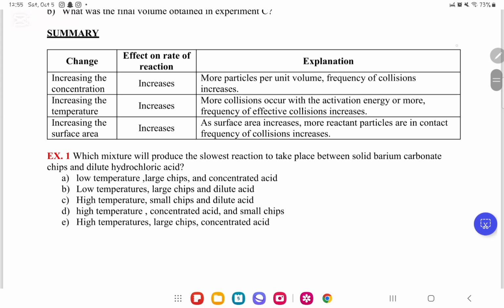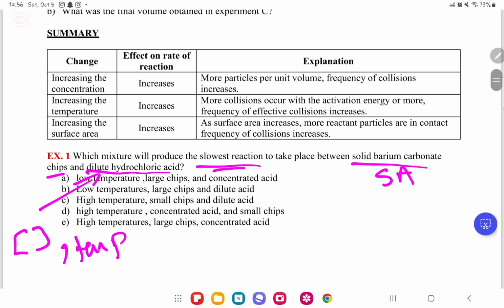Exercise number 1. Which mixture will produce the slowest? They don't need the fastest, they need the slowest reaction to take place between solid barium carbonate chips and dilute hydrochloric acid. Solid, what affects the solid? The surface area. And the hydrochloric acid is a solution. What affects the solution? The concentration and the temperature.